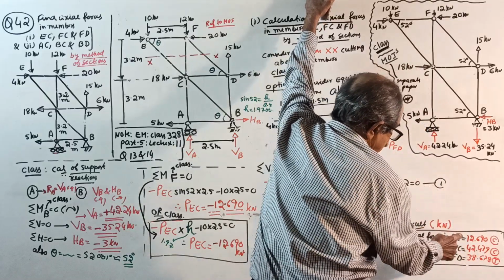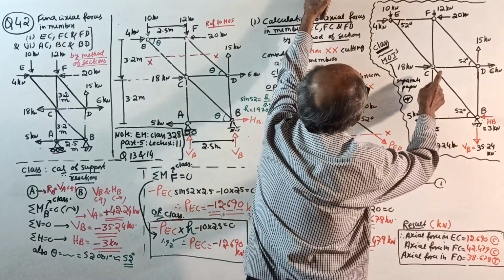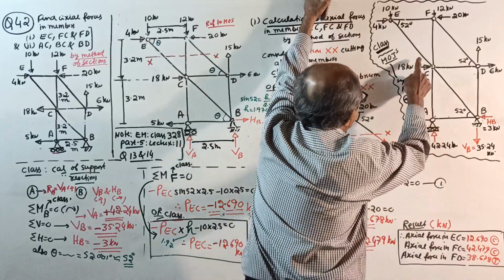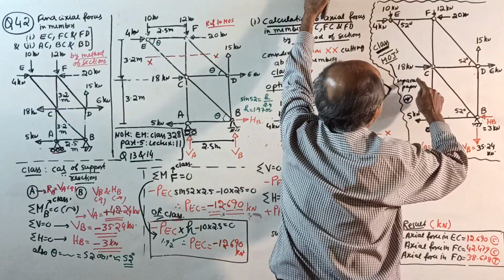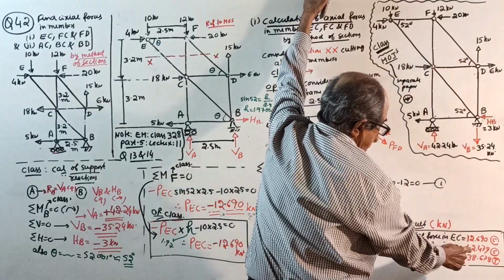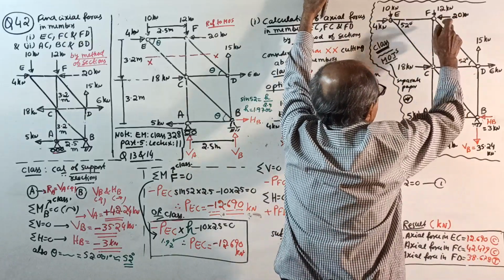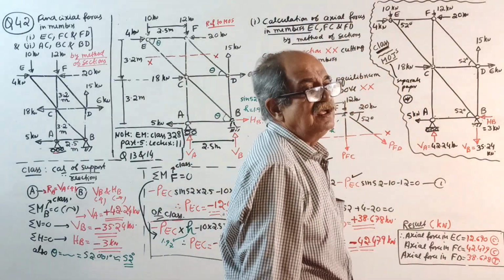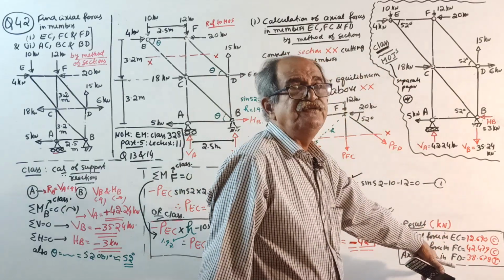See, force in EC has to come 12.690 kilonewton compression. Force in FC, where is FC? Here, has to come 42.479 compression. Force in this member has to come 38.678 tension. Anyway, when I solve here, I am not seeing here.